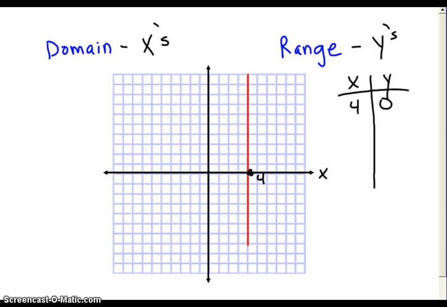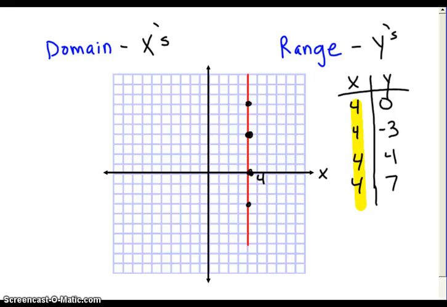If I pick a few more random points, like this one here, that's (4, -3). Another one is (4, 4). Another one over here is (4, 7). If you notice in the x column, I'm never going to have an x value other than 4.